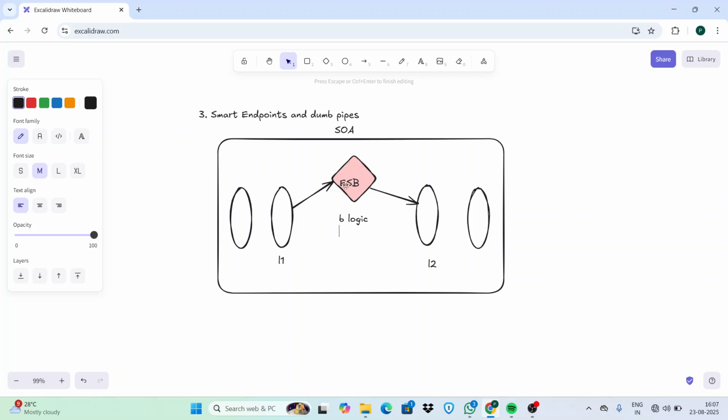ESB is nothing but a middleware pipe making the L1 and L2 communication possible. As a lot of logic was put inside the ESB, the complexity of the ESB was more in SOA.